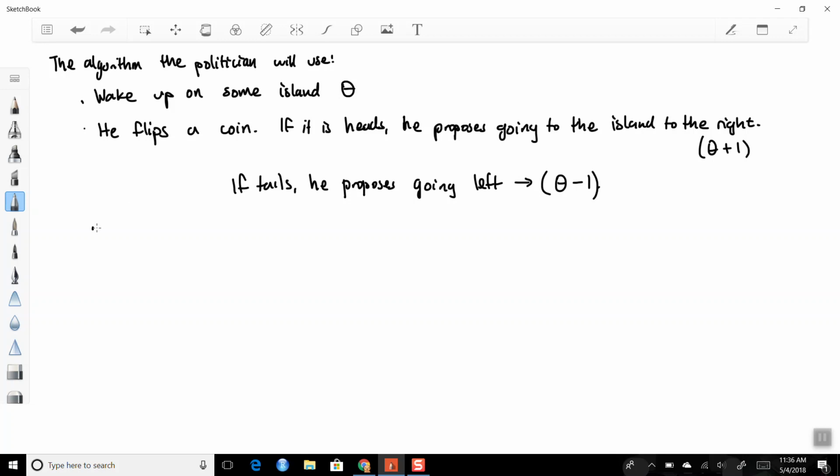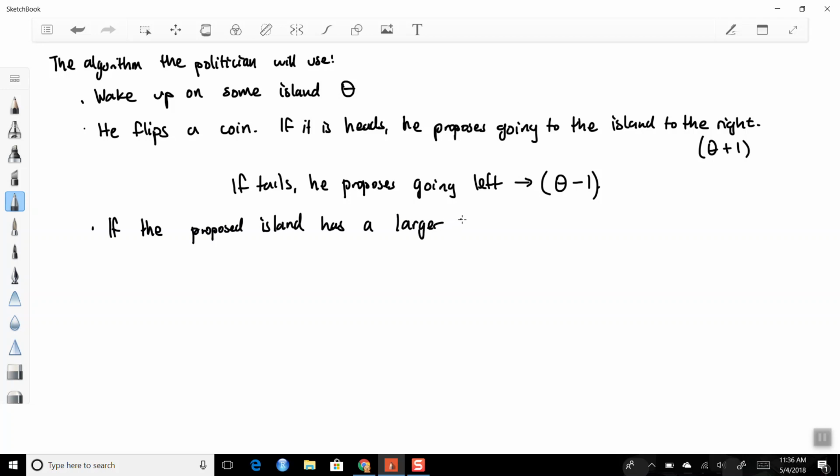Now, if that was the only step, then we would end up visiting all the islands with equal probability in the long run, right? Because we would either go to the right or go to the left, go to the right or go to the left, something like that. Okay. So what we will do is that if the proposed island has a larger population, so whatever island we propose, we'll call that governor and find out the population.